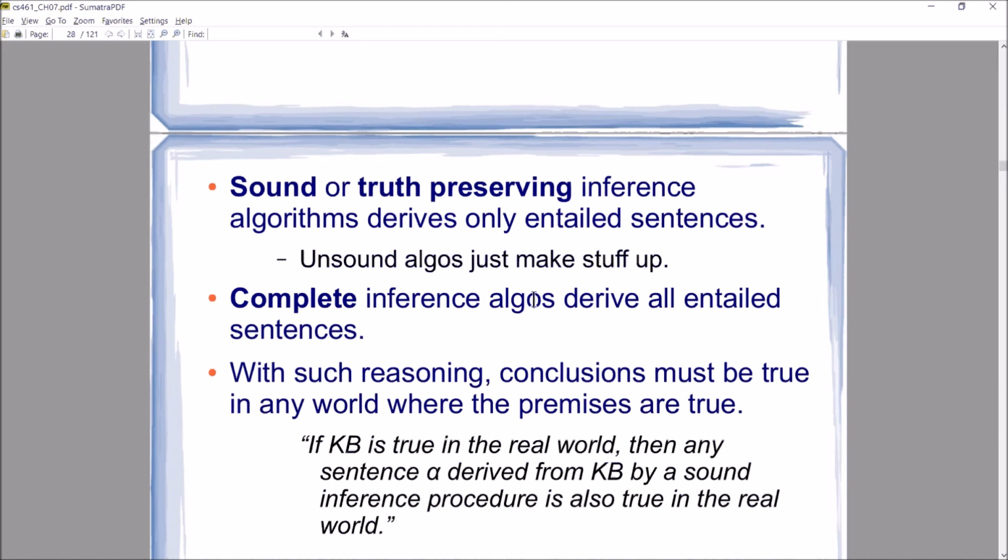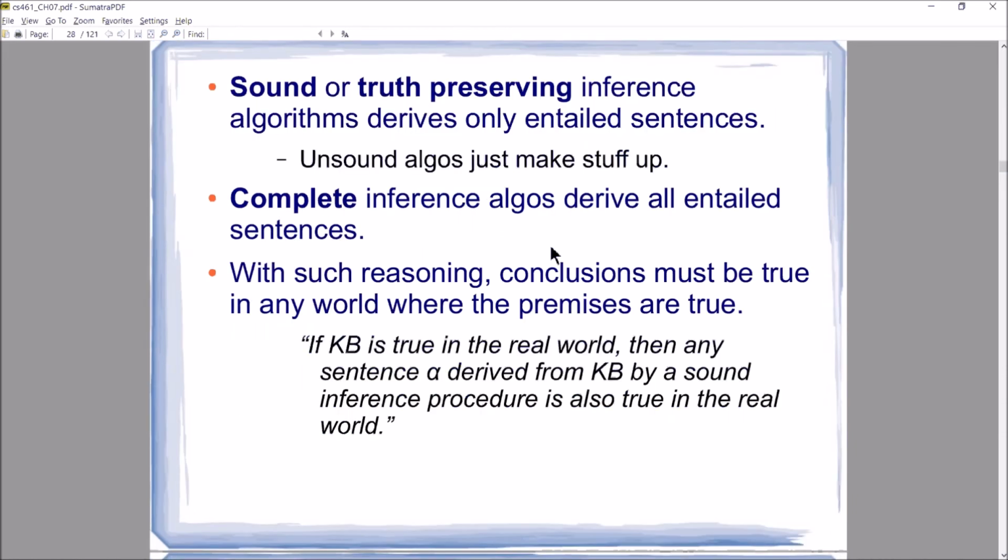Following this reasoning that we've just been discussing, the conclusions have to be true in any world where the premises are also true, right? So if you've got some premise, alpha, and that leads you to some conclusion, beta, if alpha is true, if it is the case that you're 80 years old, then it must be true that you're old.